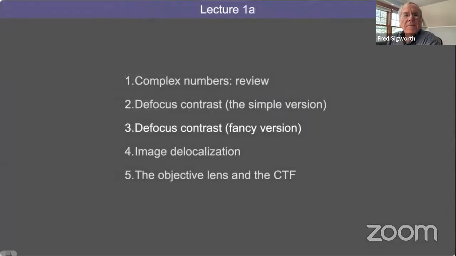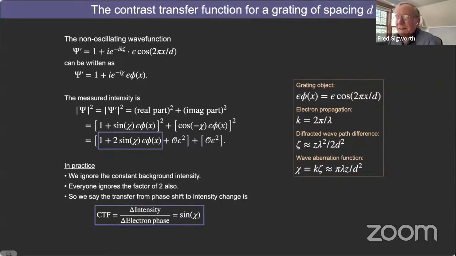Okay, so that's the simple version, and just for you math jocks, I just wanted to put in the math of how the interference works. So here is our wave function, undiffracted and diffracted, and quantum mechanics tells us that the intensity is the magnitude squared of the wave function, and that's going to be the real part squared and the imaginary part squared.